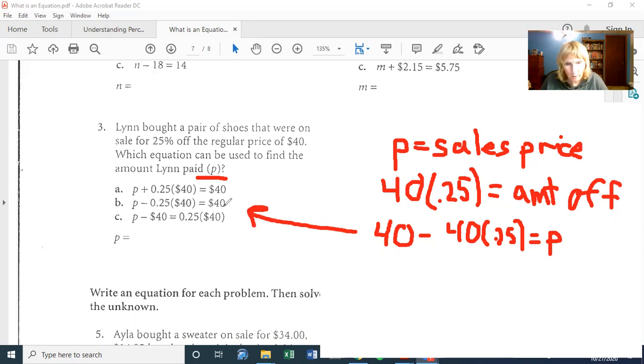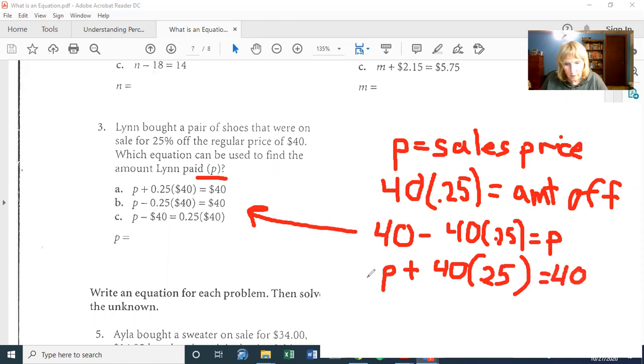I'm subtracting it from the original amount. So another way of writing this equation is to say the amount that she paid plus the discount should equal the original price, right? And the original price, the problem says, is $40.